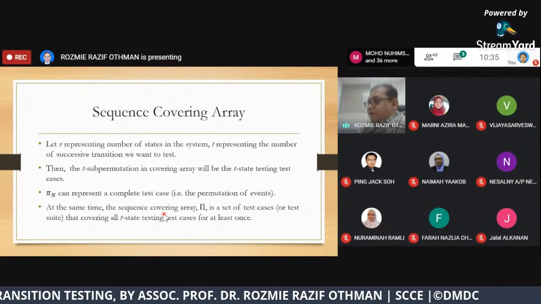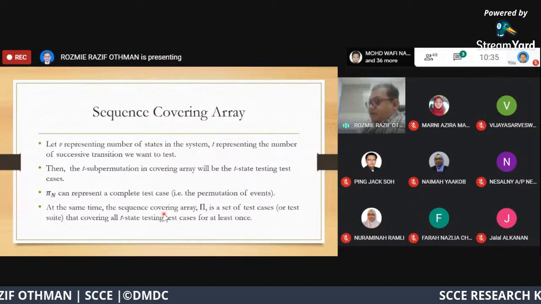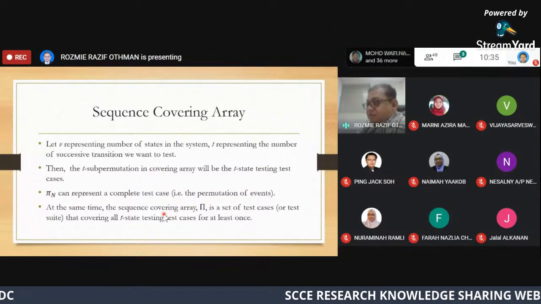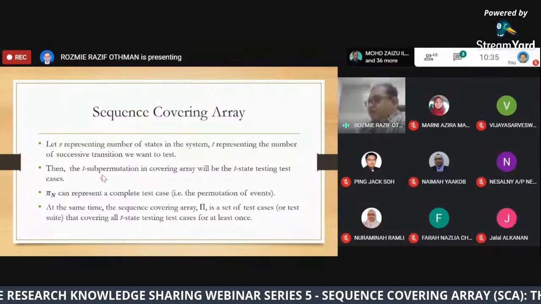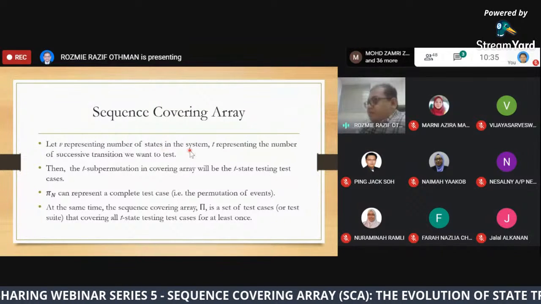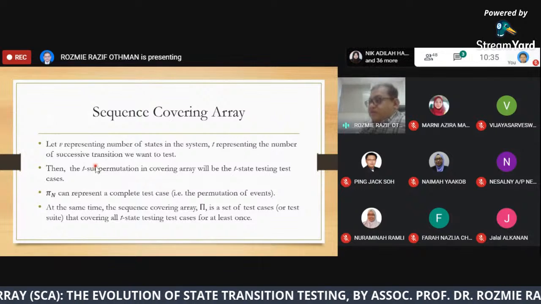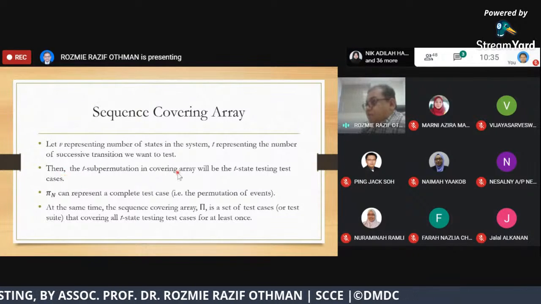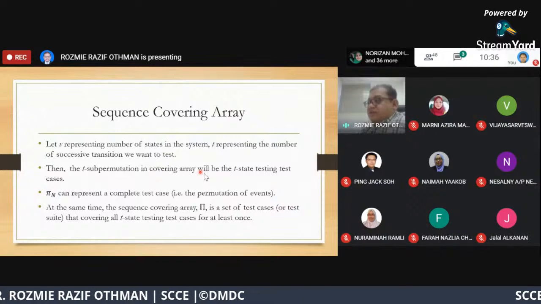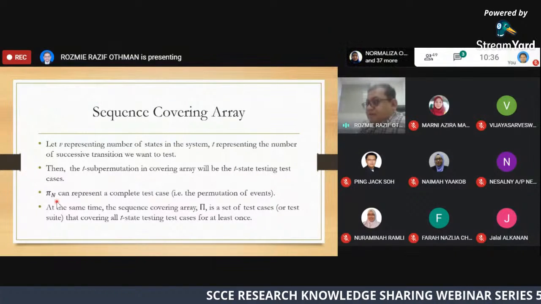So how can we apply this in our covering array in testing our n-state testing here? Let V represent the number of states in the system and T represent the number of successive transitions that we want to test. Then the T sub-permutations in the covering array will be the T-state testing test cases.